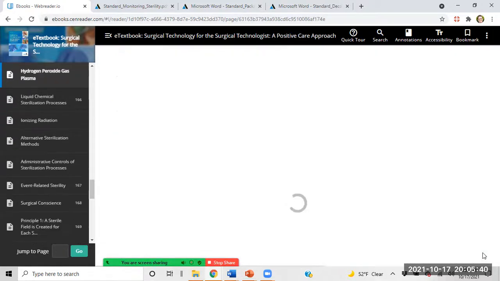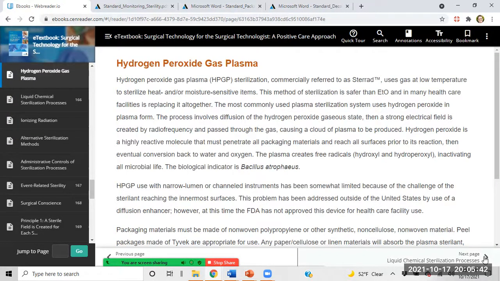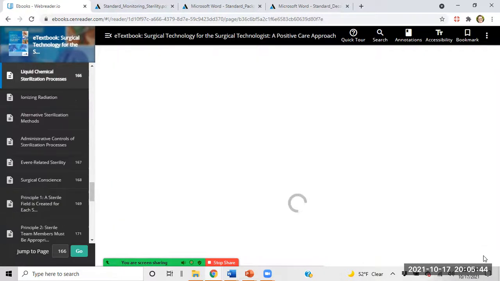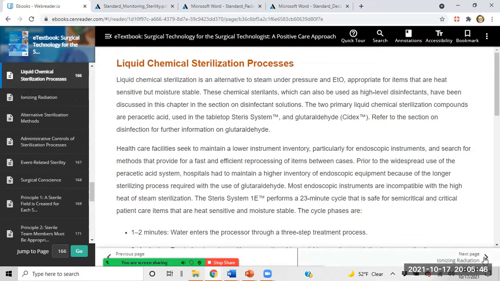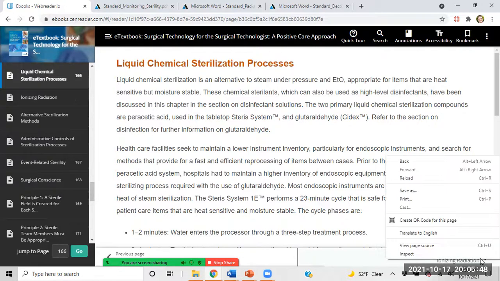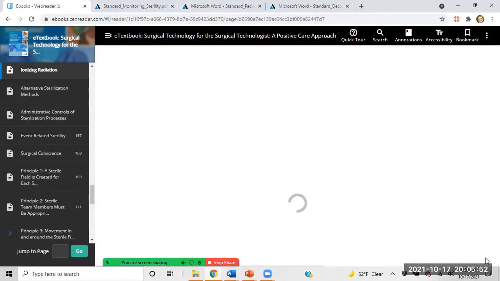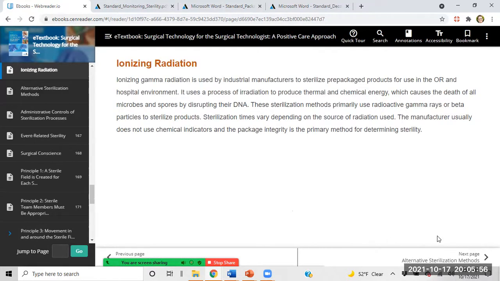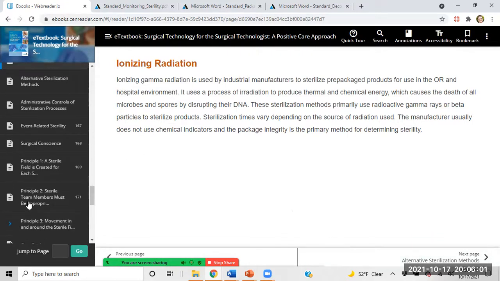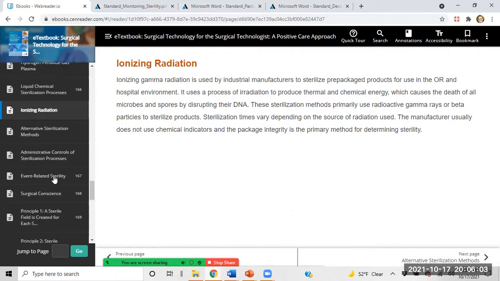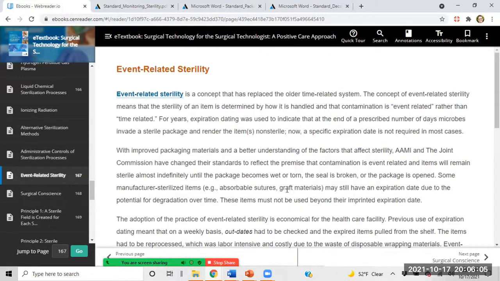When we're talking about event contamination, this is a long chapter. You're thinking, I know, right? But it's pretty interesting to understand all of this. Here we go, event.